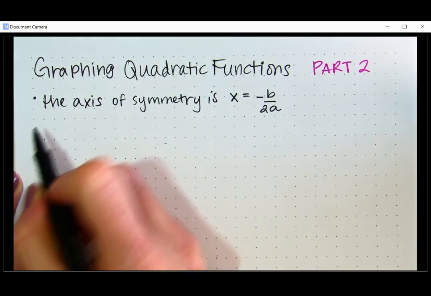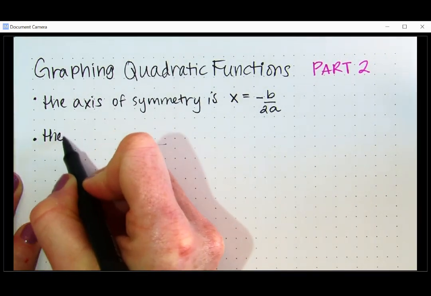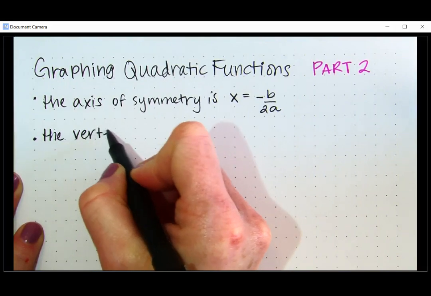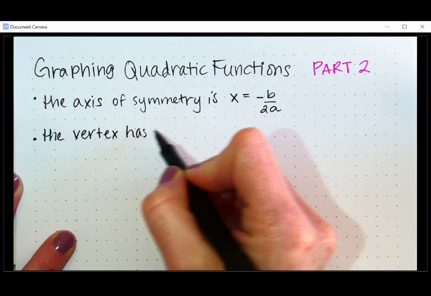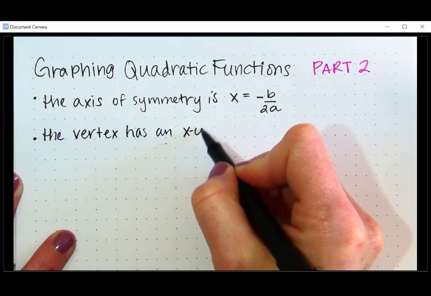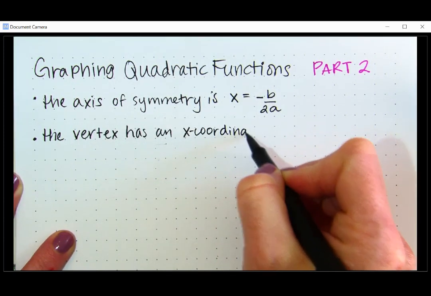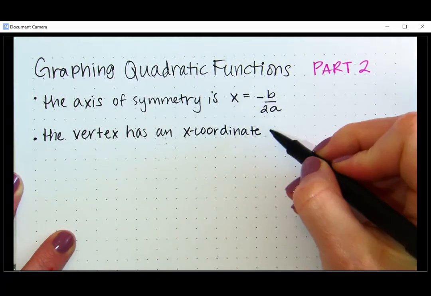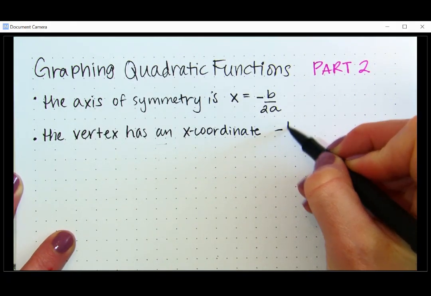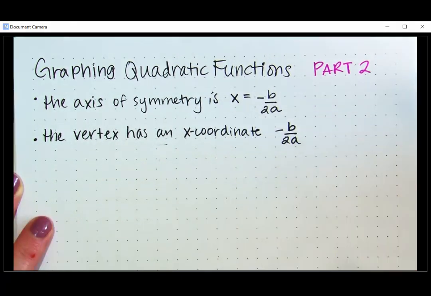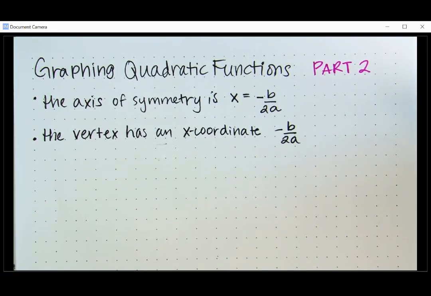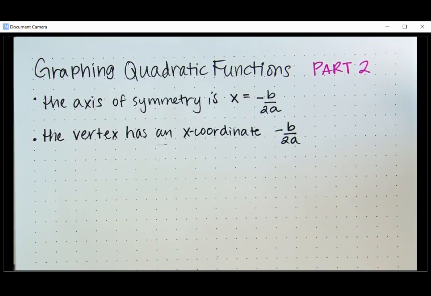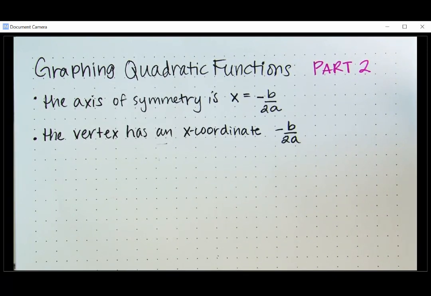Next up is the vertex. So the vertex has an x coordinate negative b over 2a, because remember, when we graphed with the table, the x coordinate of the vertex was also the number used in the axis of symmetry equation, right?